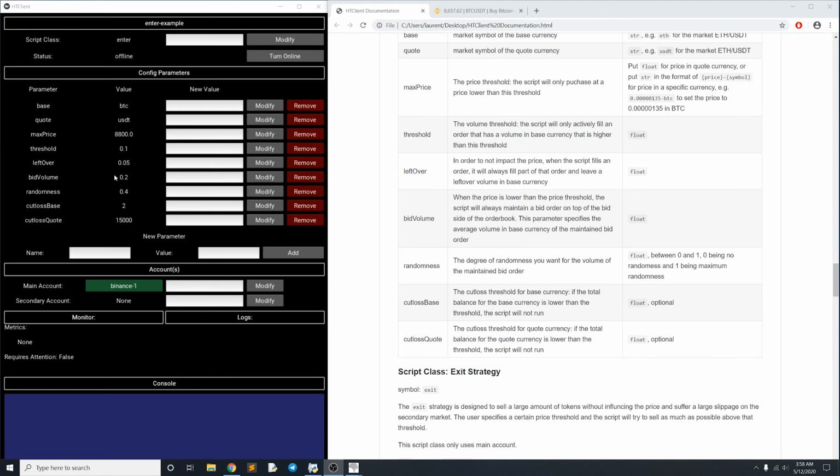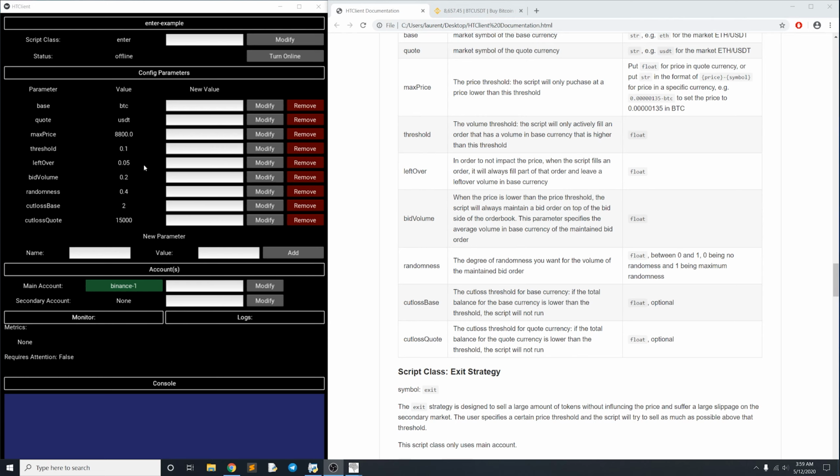The bid volume is if the market price is lower than my tolerance in price, I'm going to place a buy order, and it will be that volume. And randomness controls the bid volume that I place every time. So that's it for the enter or buyback strategy.